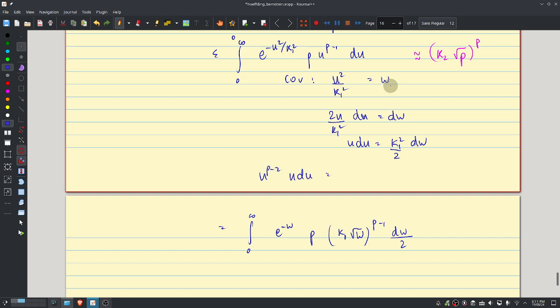This is equal to a1 root w whole raised to p minus 2 times a1 squared by 2 dw.